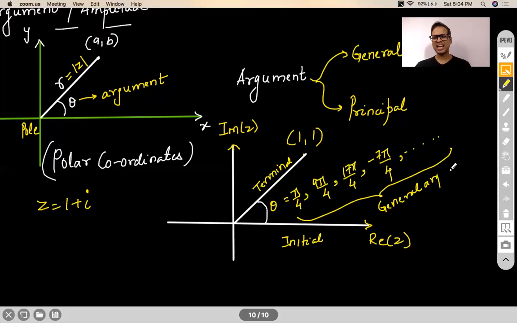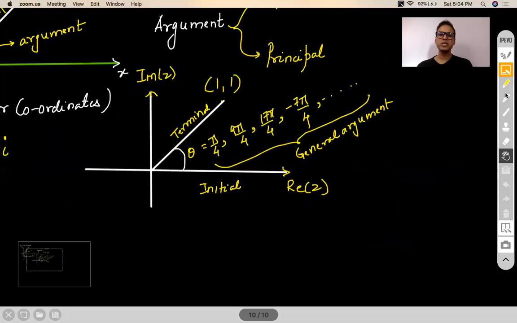That means everybody can state their own angle. I can take 7 turns and give you an angle. So I can say 14 pi plus pi by 4, 17 pi by 4, or let's say 57 pi by 4. Are you getting my point? So all these angles would be called the general argument.